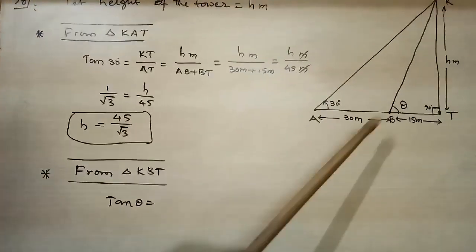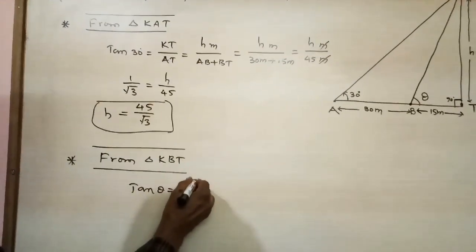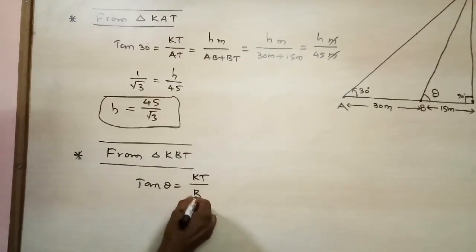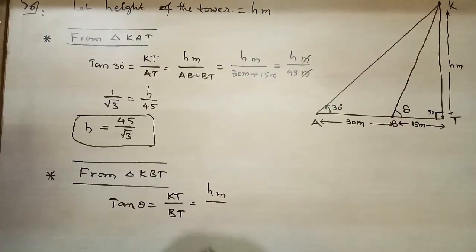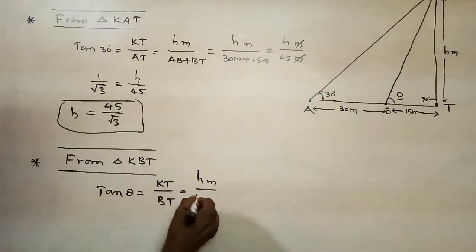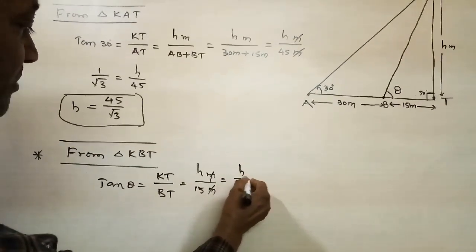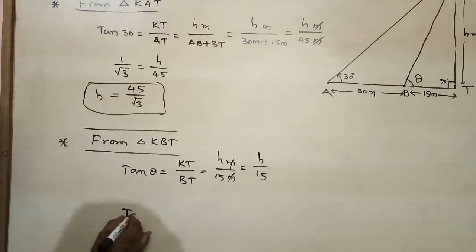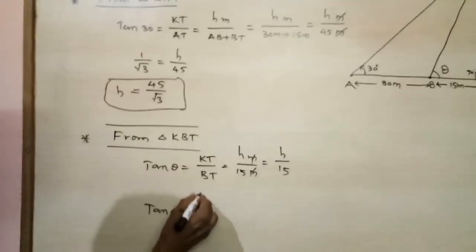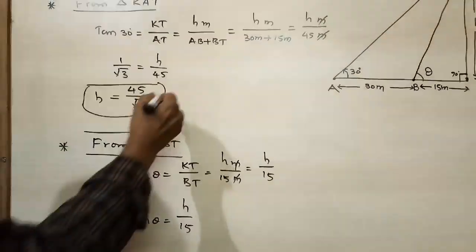Tan theta is equal to KT by BT. KT is h meters and BT is 15 meters. The meters cancel, so tan theta is equal to h by 15. Call this equation 2.